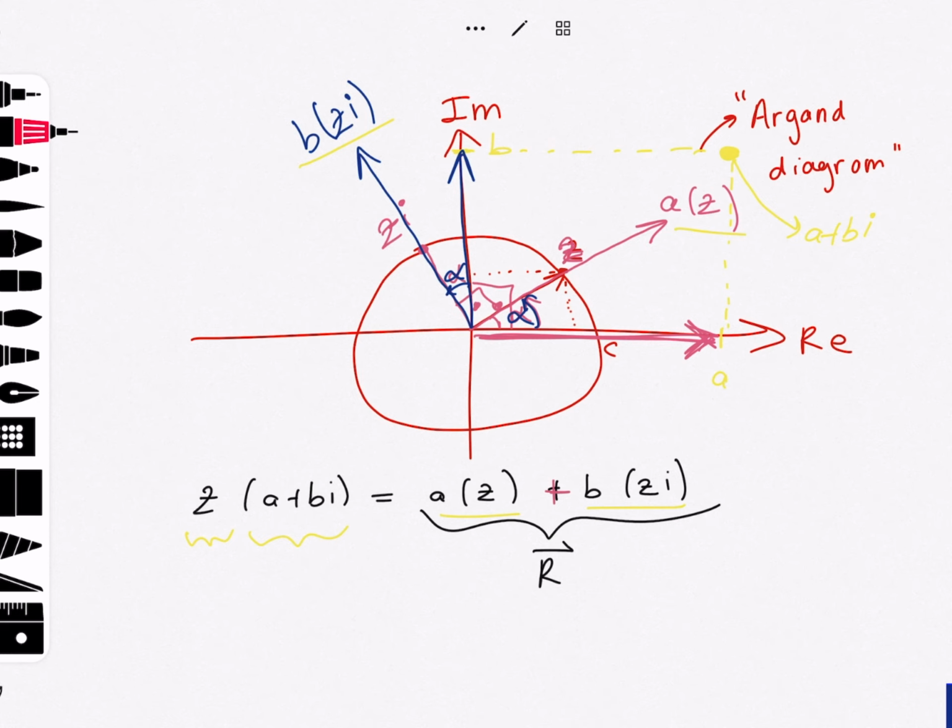Now, rotating both these two vectors alpha degrees and adding them gives a resultant vector r, which is rotated alpha degrees from a plus bi. Just imagine we rotated the whole plane alpha degrees and did the same addition. a plus bi is the green vector right there, and the resultant vector would be something like this, alpha degrees rotated counterclockwise.